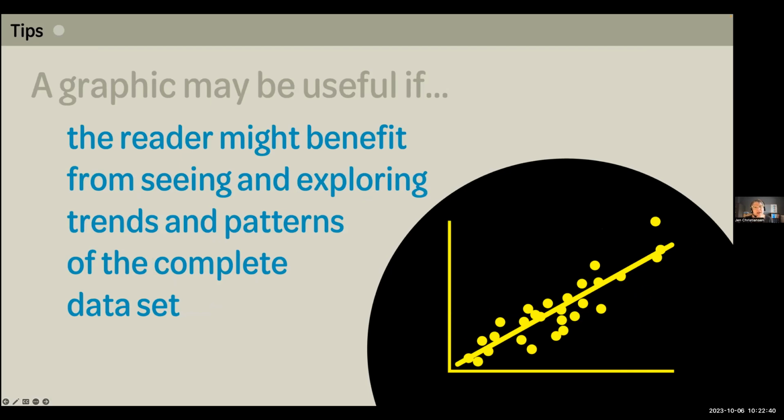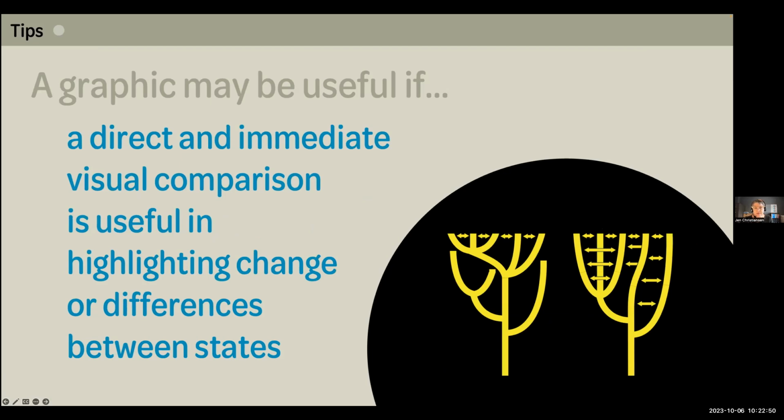Or if the reader might benefit from seeing and exploring trends and patterns of the complete data set, rather than being served up a few key numbers in the text. Or when a direct and immediate visual comparison is useful in highlighting change or differences between states, such as competing hypotheses or before and after views.